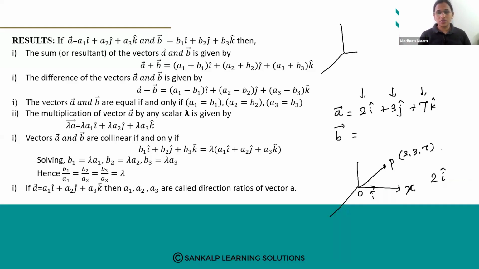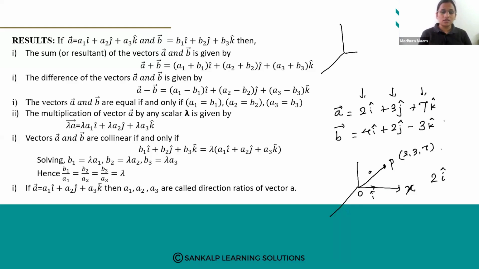Right? So suppose I have a vector like this, say this is vector A, and say I have one more vector, 4i plus 2j minus 3k. Right? So how do we add the vectors actually? Okay? So those are your results one by one. Here your scalar components are 4, 2 and minus 3.